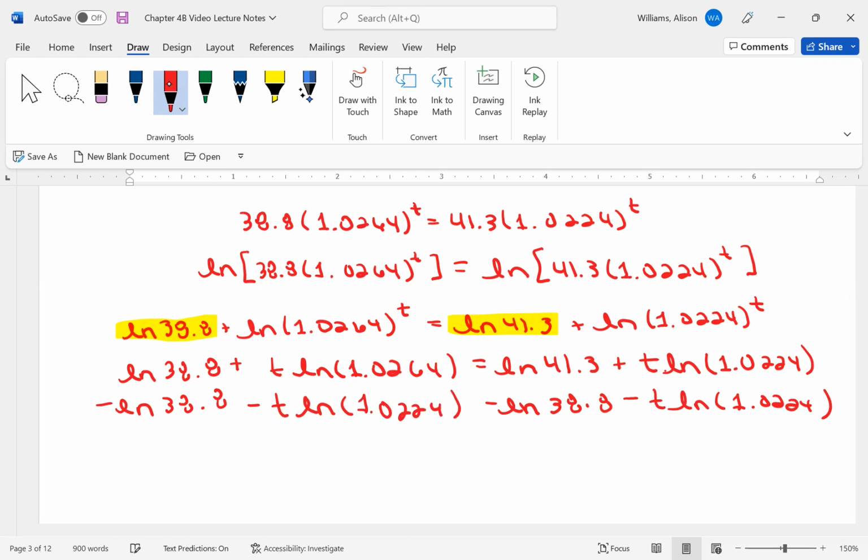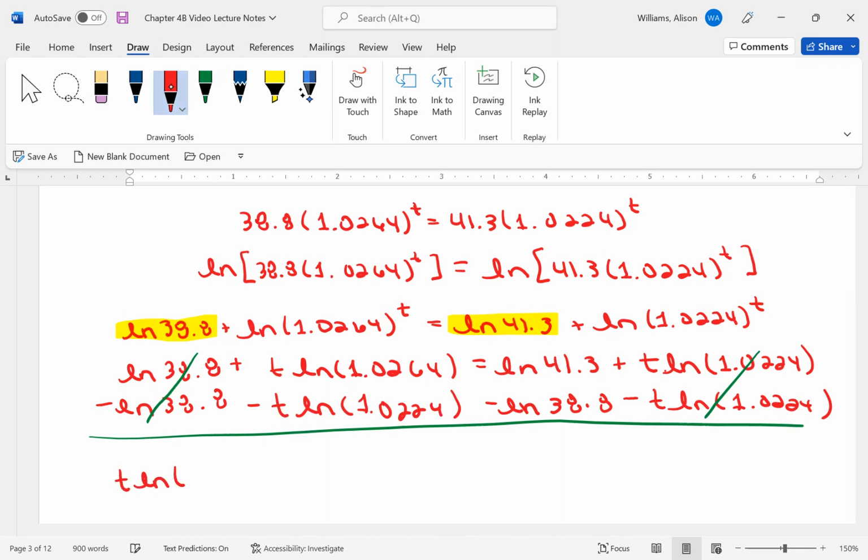And here's what I'm left with. On the left side, I have t natural log of 1.0264 minus t natural log of 1.0224 equals the natural log of 41.3 minus the natural log of 38.8.